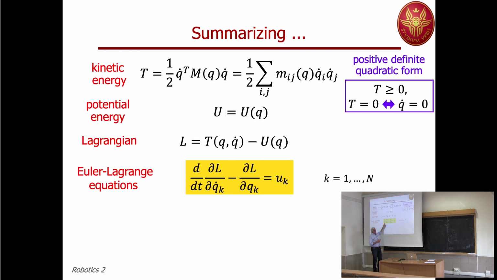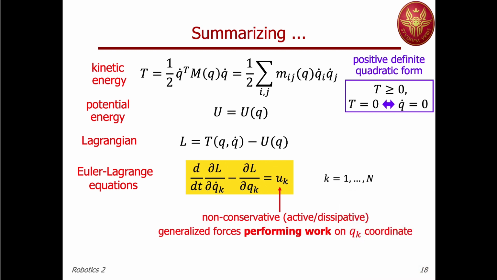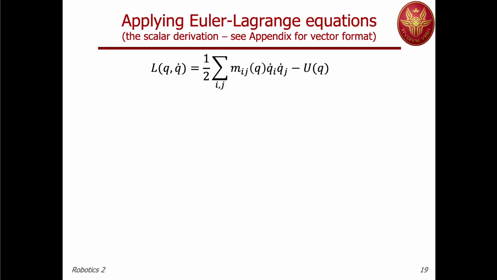This derivative should be differentiated with respect to time. You do the subtraction. And on the right-hand side, we will have all non-conservative forces, both active and dissipative, that perform work on the coordinate qk, and k goes from 1 to n, and this boils down into a set of n second-order differential equations. But let's look in detail at what happens when we do this derivation.